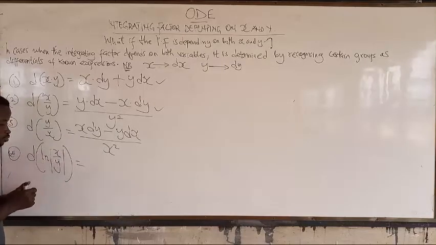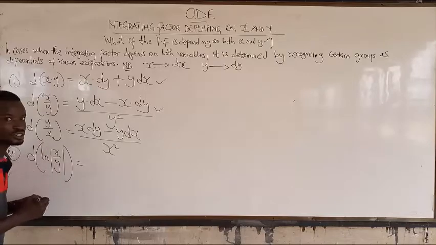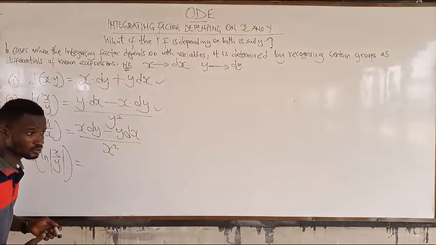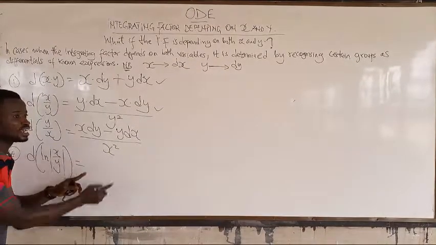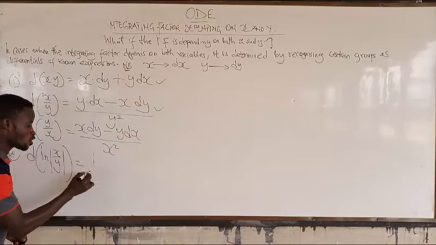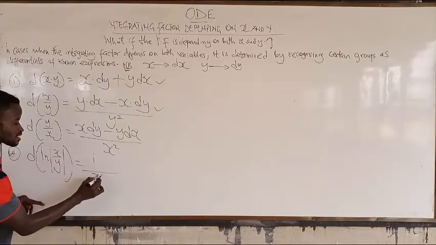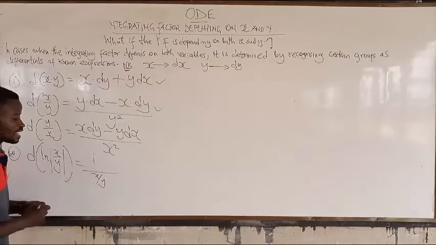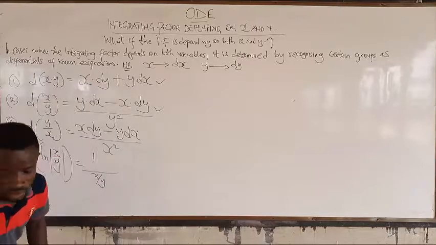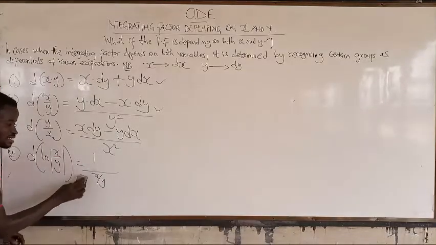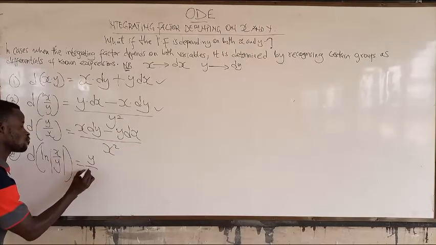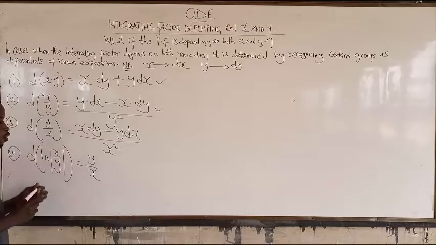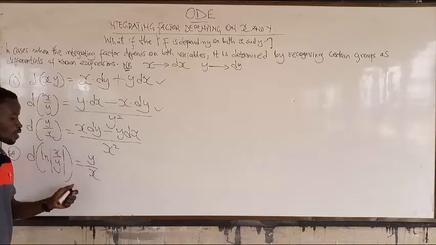So when you are differentiating the ln of a function, how will you do it? 1 over the inside. The inside is x over y, so 1 over the inside is the same as y over x.